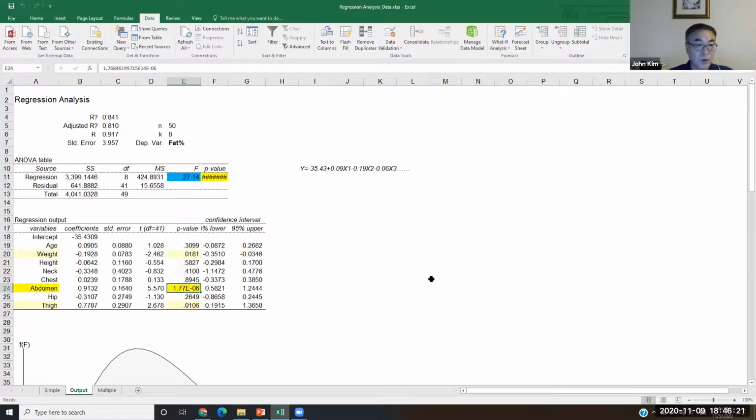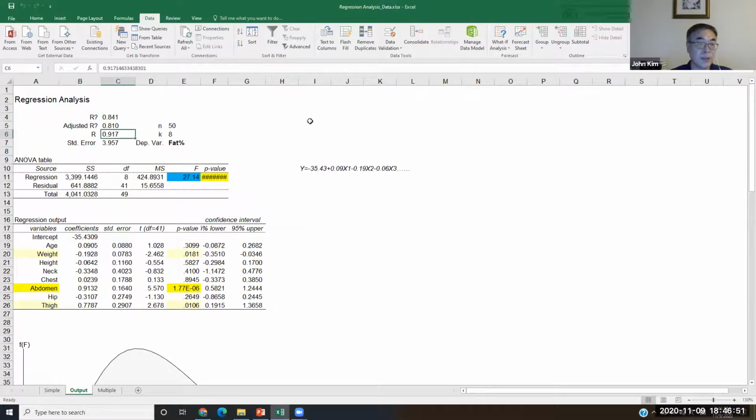So go back to this. Actually, this one is R, 0.841. And then 0.841. Yeah. And then this one is 0.917. And then this one is R squared.